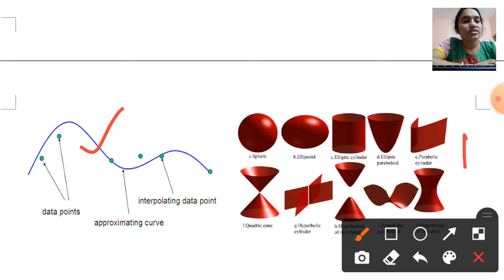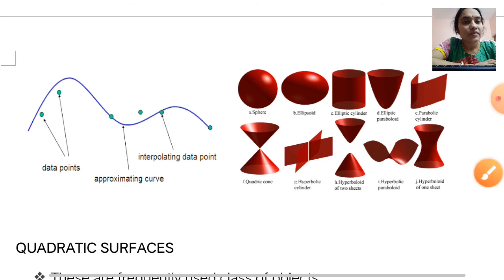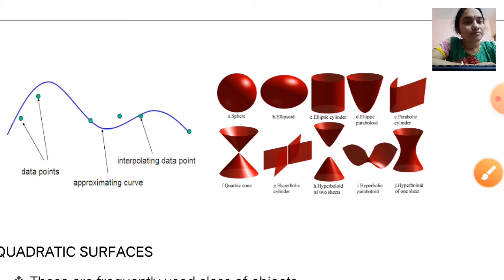And here are some examples of different types of curves or surfaces: ellipsoid, ellipsoid cylinder, ellipsoid paraboloid, paraboloid cylinder, quadratic cone, hyperboloid cylinder, hyperboloid of two sheets, hyperboloid paraboloid.